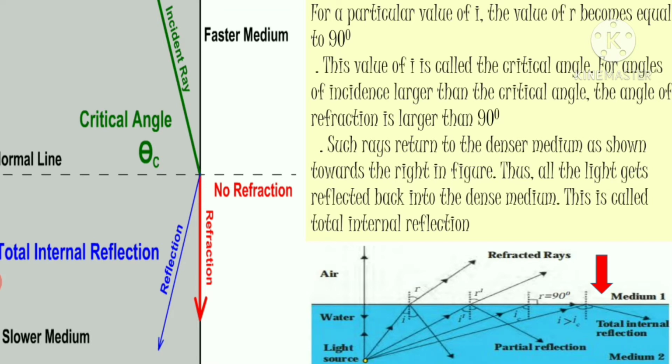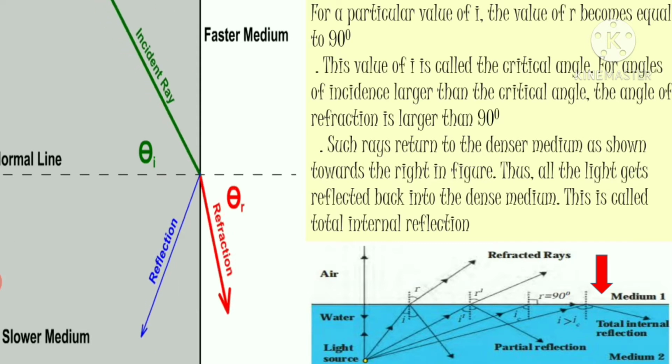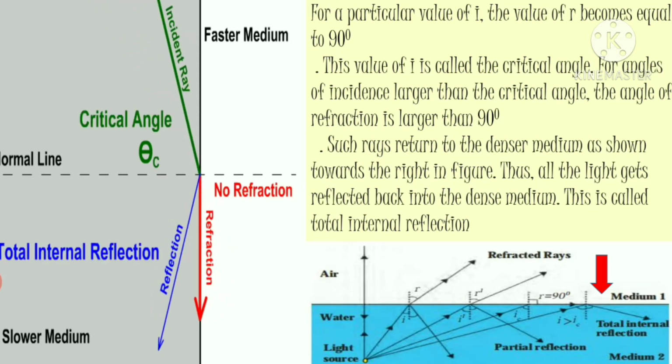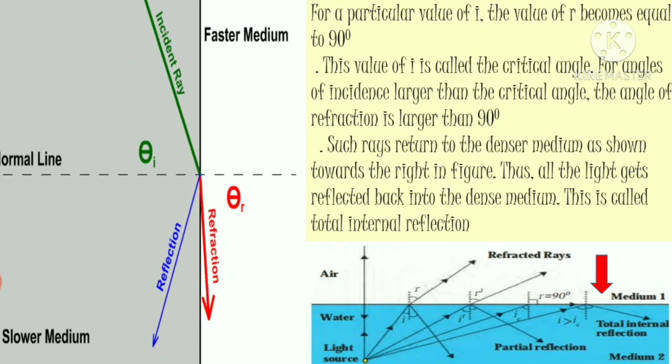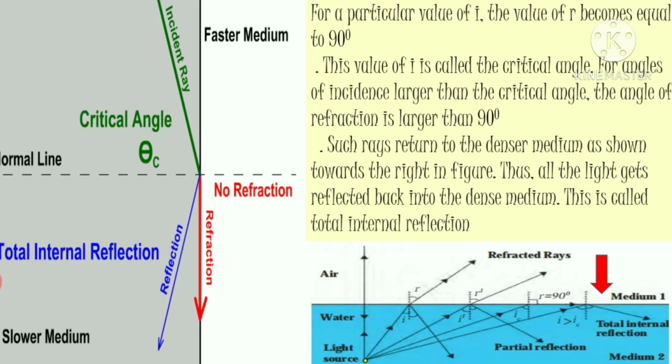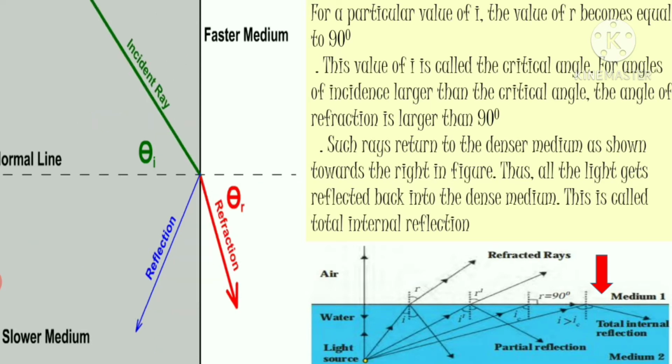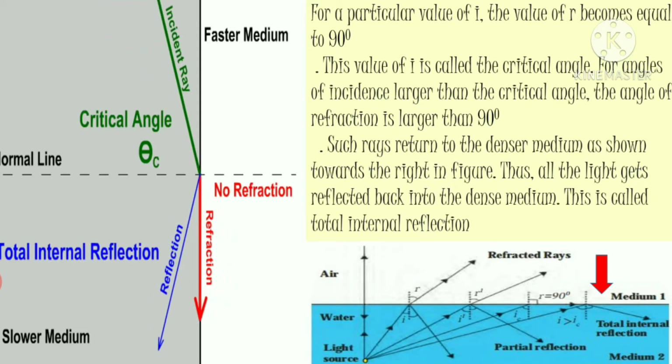Such rays return to the denser medium, as shown towards the right hand side in the figure. Thus, all the light gets reflected back into the dense medium. This is called total internal reflection.